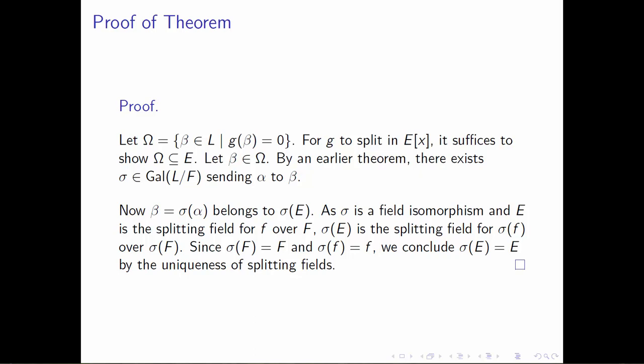That is, sigma of E needs to be the splitting field for sigma of f, and sigma of f is f. And so E is also posing as the splitting field for little f over F, and because E and sigma of E are both subfields of the field L, we get that they're really and truly equal.